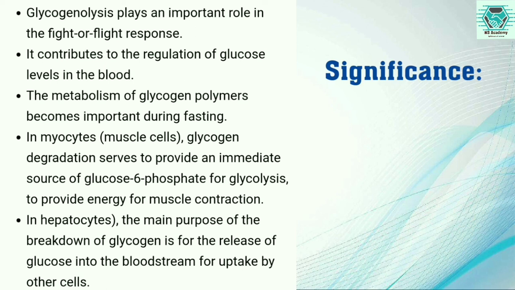In myocytes, like the muscle cells, glycogen degradation serves to provide an immediate source of glucose 6-phosphate for glycolysis to provide energy. In case of hepatocytes, that is in liver cells, the main purpose of the breakdown of glycogen is for the release of glucose into the bloodstream.